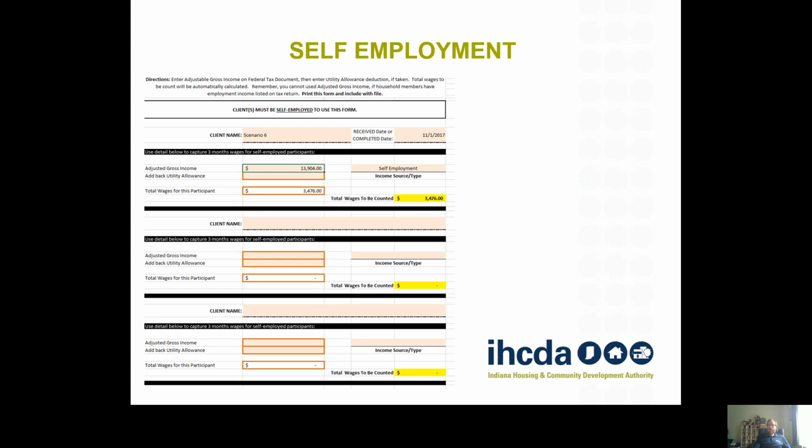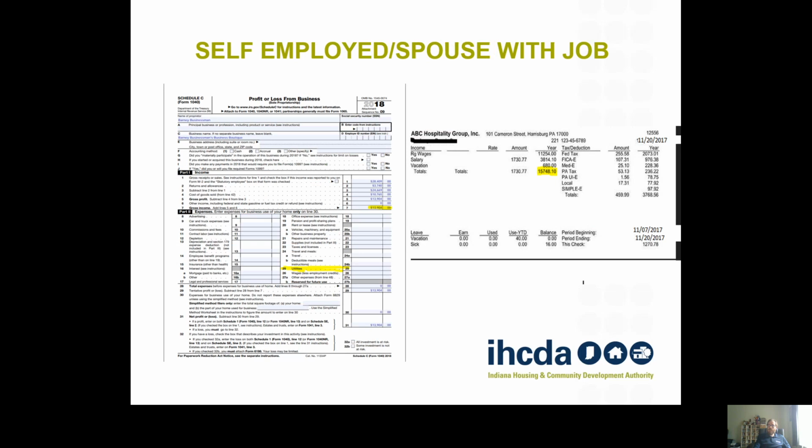And here's an example of entering self-employment data onto one of the worksheets. If we have self-employment and the spouse has a job, we want to be sure to consider both of those as sources of household income. And this is why we're not just using the AGI for the household.